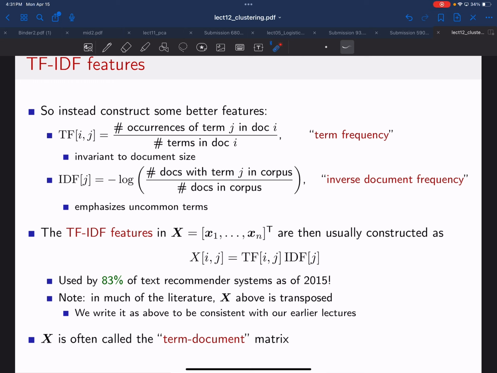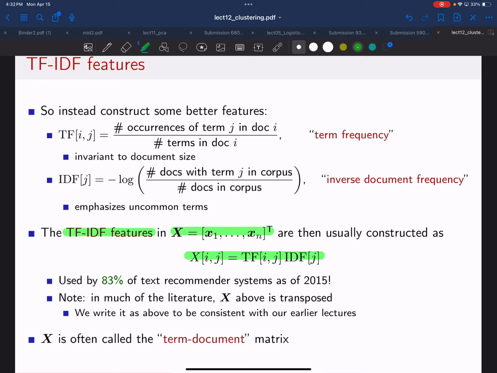So these are two different features, and the way that they're combined is you just multiply them together to get the final TF-IDF features, and you construct your feature matrix with those.